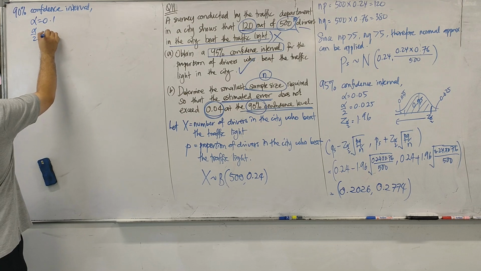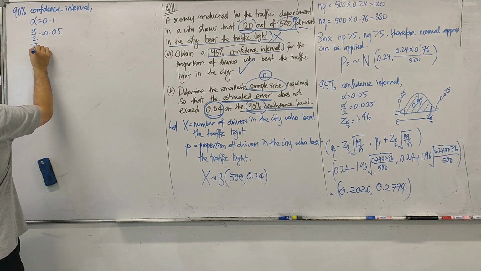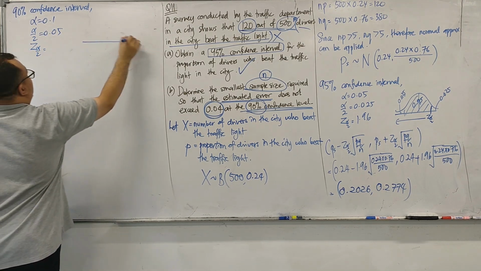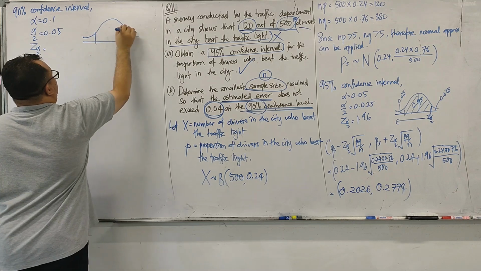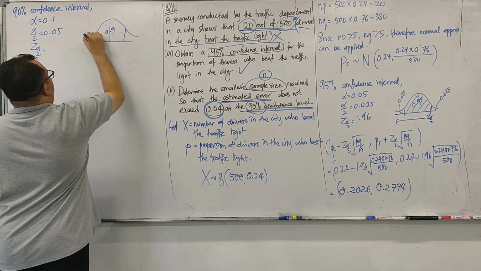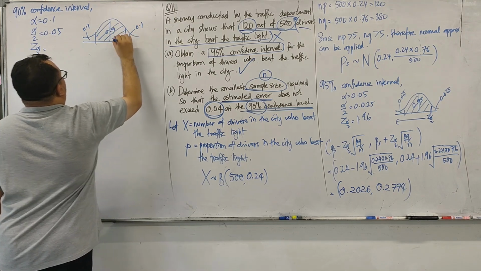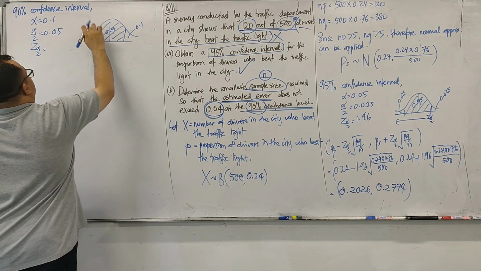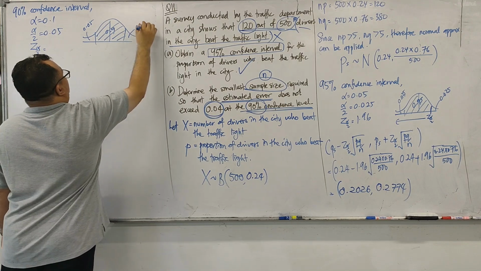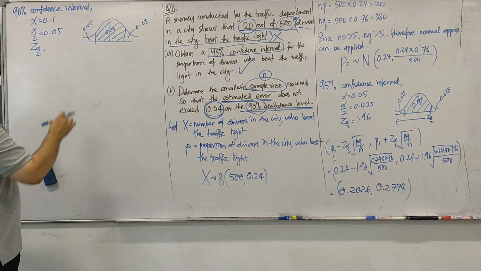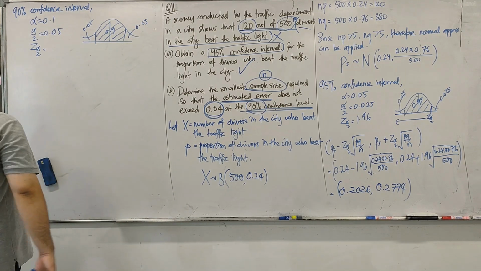Alpha over 2 is 0.05. My z alpha over 2 is, I sketch once again. This is 0.9, 0.1, 0.1, and 0.05. Okay, so this one is 95.